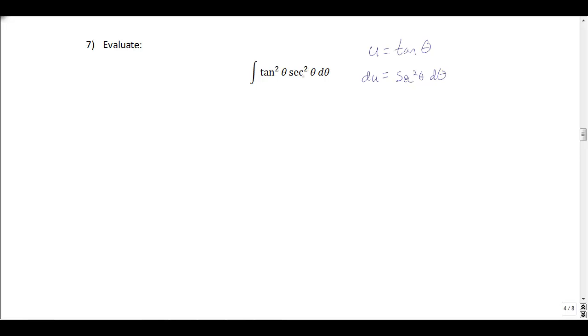So I've got the derivative of tangent sitting right here. And so what I get here is an antiderivative, tangent squared theta, that's then going to be u squared, secant squared theta d theta, that's going to be du. And so then I just get u cubed over 3 plus c. So what I get, whoops, not plus, equals, and this is just then tangent cubed theta over 3 plus c.